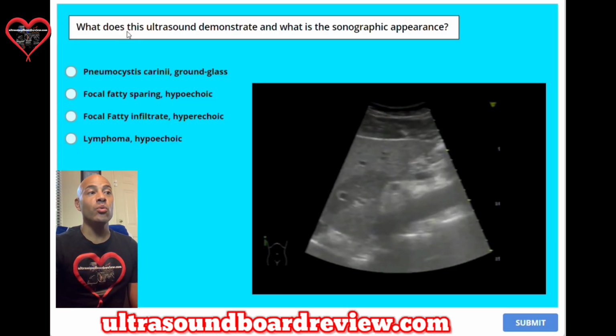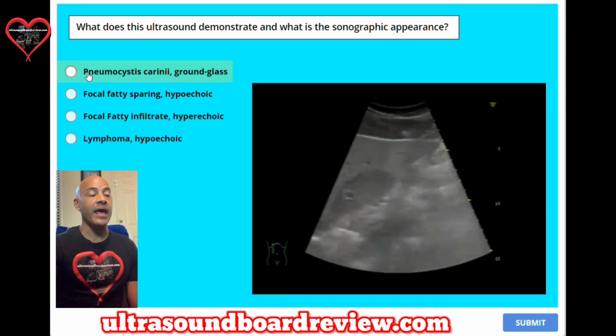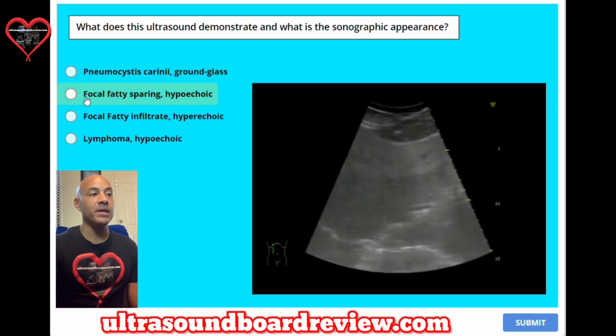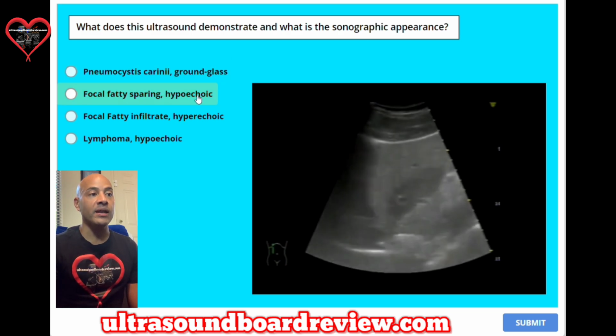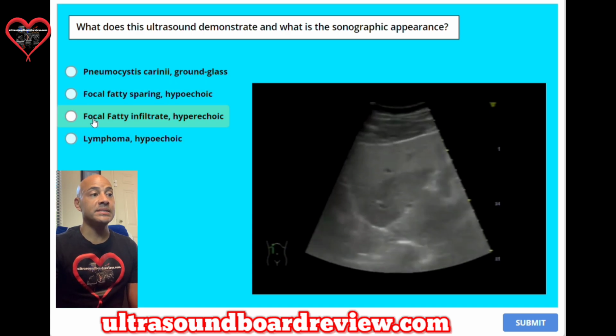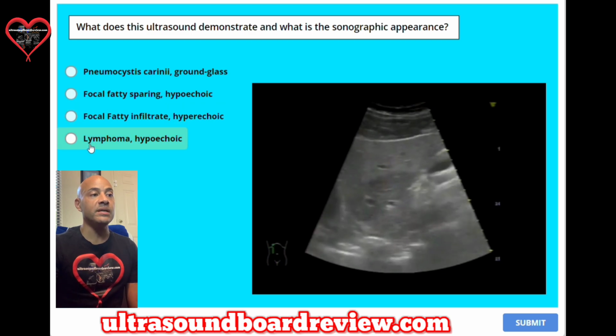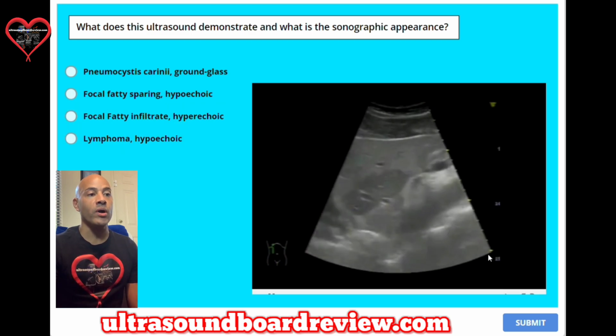Question 58. What does this ultrasound demonstrate, and what is the sonographic appearance? A. Pneumocystis carinii and ground glass. B. Focal fatty sparing and hypoechoic. C. Focal fatty infiltrate and hyperechoic. Or D. Lymphoma and hypoechoic.